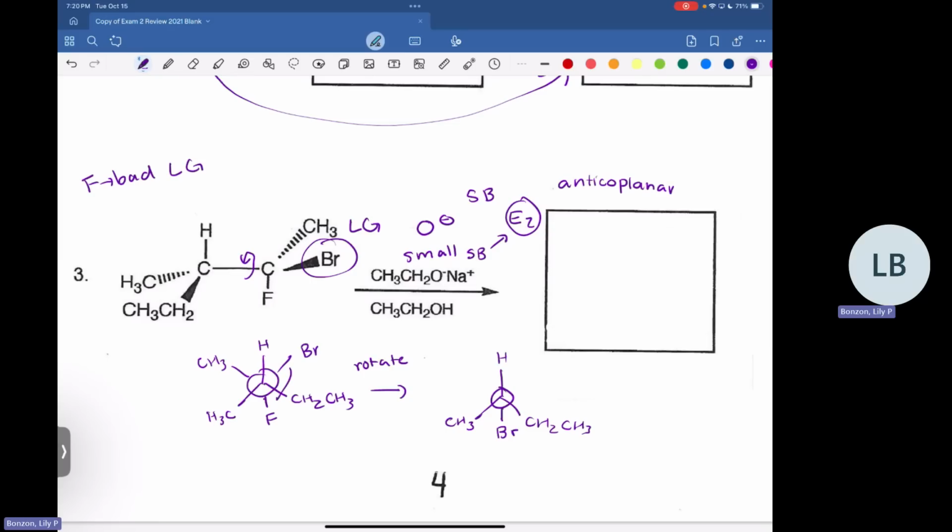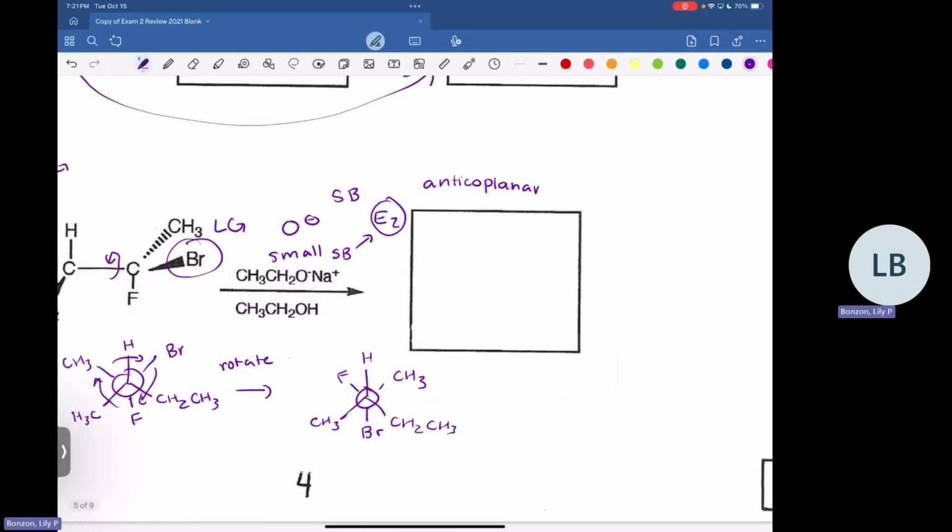I'm just going to put the bromine here, fluorine's going to go here, and CH2 is going to go there. So now our hydrogen and bromine, our leaving group, are in the anti-coplanar positions. So now we can actually do our E2.